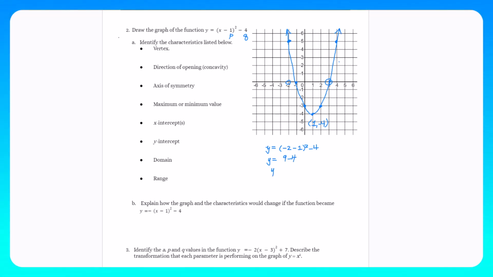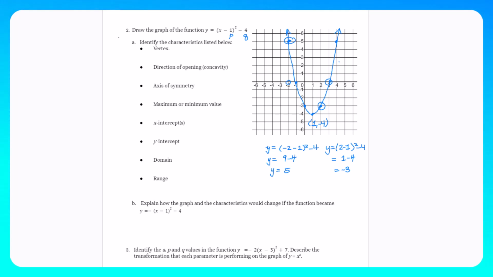So 9 minus 4, and y equals 5. So that's where this point comes from. If we pick another value, say 2, and we do the same thing, 2 minus 1 is 1, 1 squared is 1, minus 4, and that equals -3. So that's where this point comes from right here.